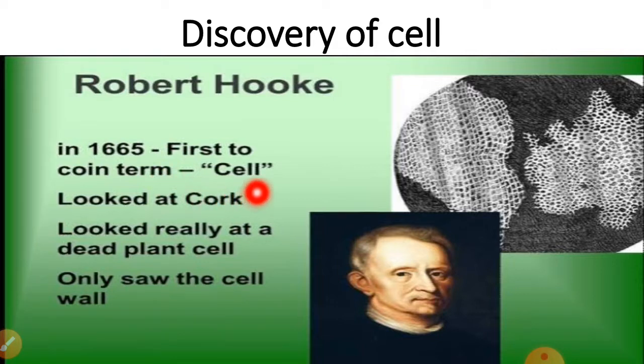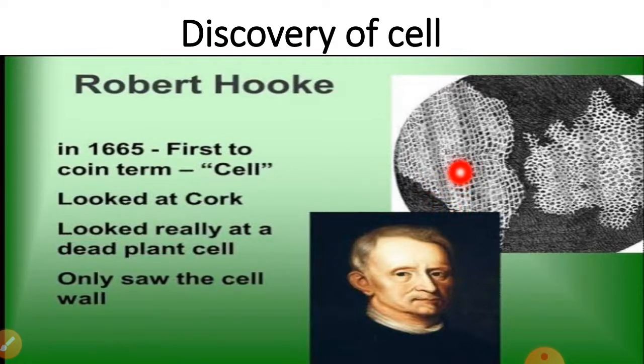From his observation, he found that cork is made up of box-like structures. You can see here, inside this white, the square-shaped box-like structures.